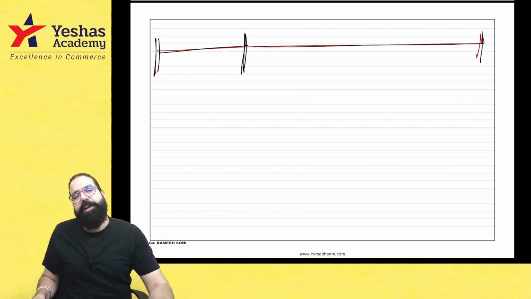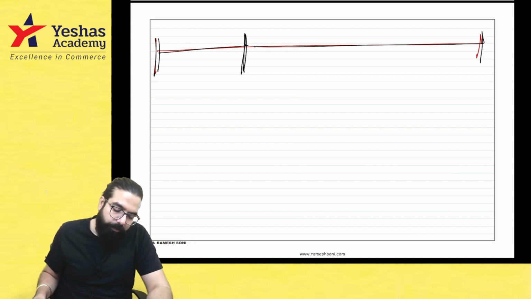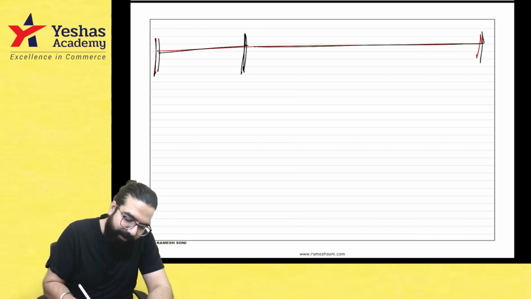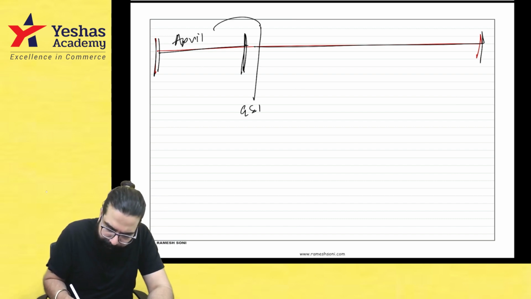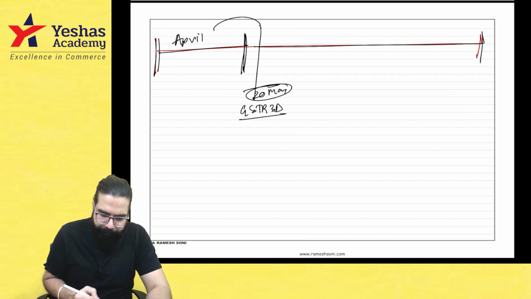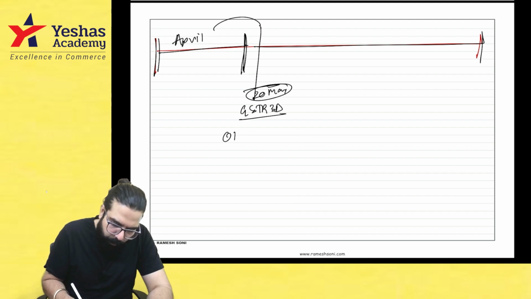For example, this is the month of April. I have to file GSTR 3B by 20th May. Okay, output tax liability for example is 10 lakh.